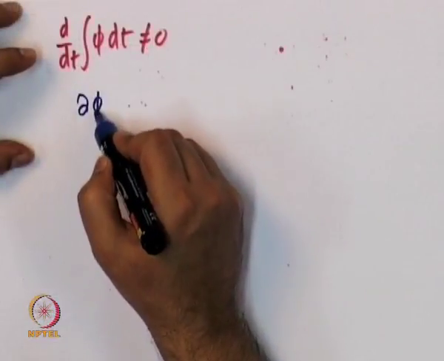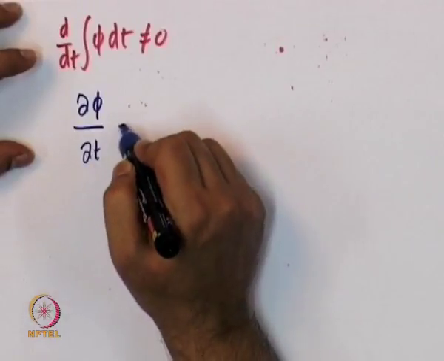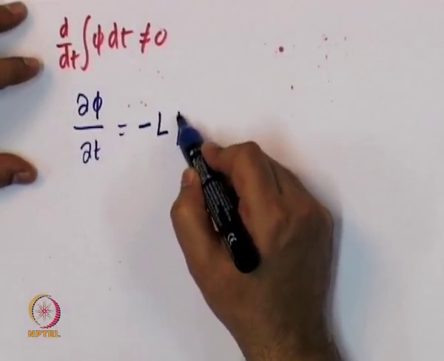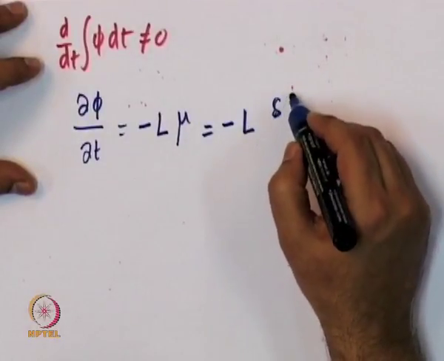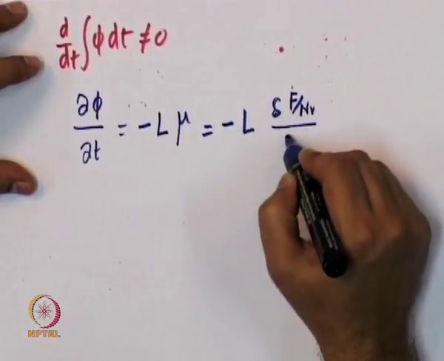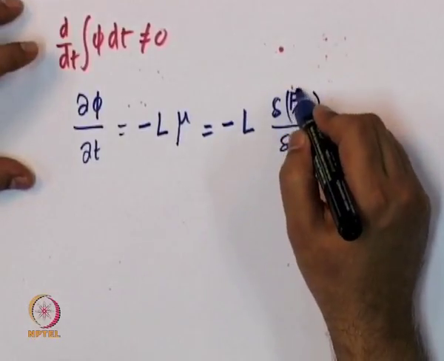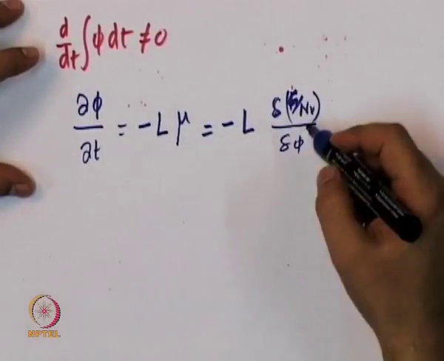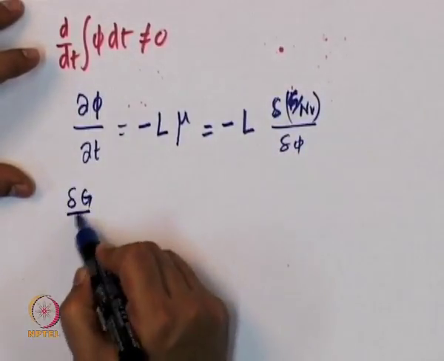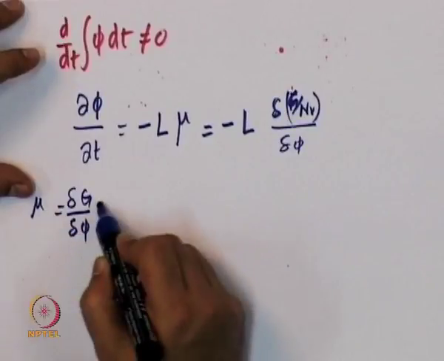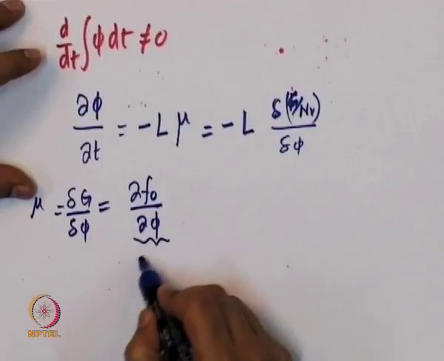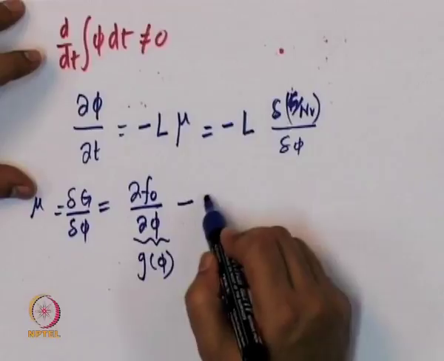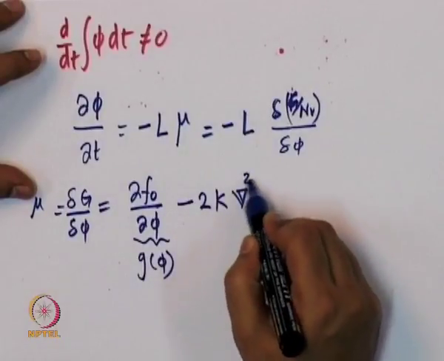This equation says that dou phi by dou t is equal to minus L mu, where mu is del f by del phi, or del g by del phi, whatever we called it. Now what is del g by del phi, which is the chemical potential: dou f0 by dou phi, let me again call it some g of phi, minus 2 kappa del squared phi.